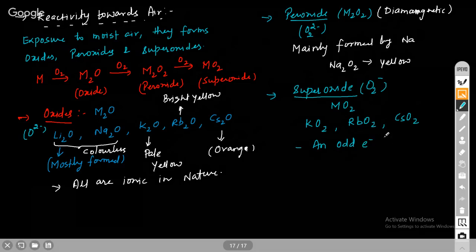An odd electron bond means between the oxygen atoms we have a three electron bond. One, two, three. Three electrons are present. Each oxygen atom has two lone pairs, and we have a three electron bond. That's why we call it odd electron. So because of this odd electron bond, these are paramagnetic in nature.